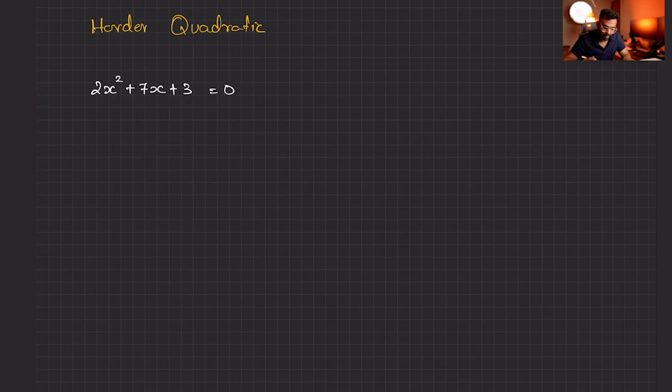Okay. So we have something like this. The question says to solve. Now, we are not going to go through the formula yet. So this is the harder. Why is this the harder, everyone? Because the a is not equal to 0. Agree?